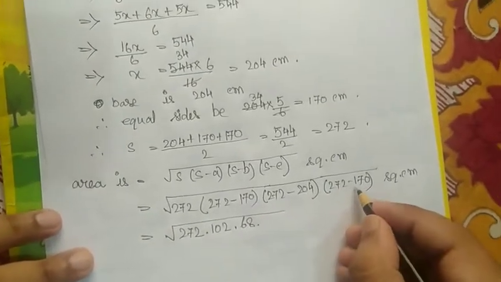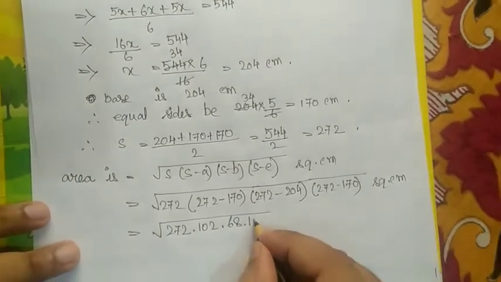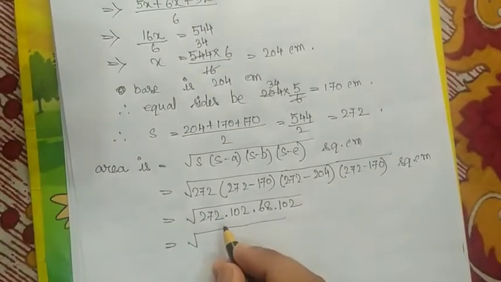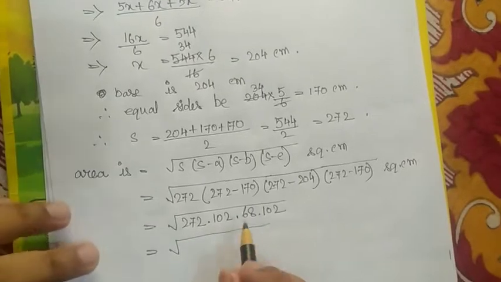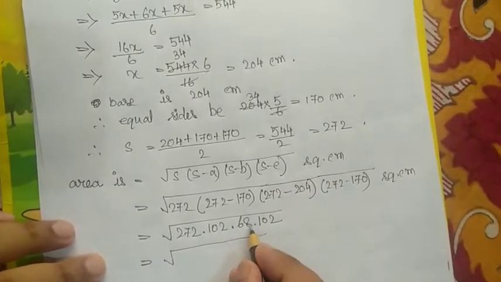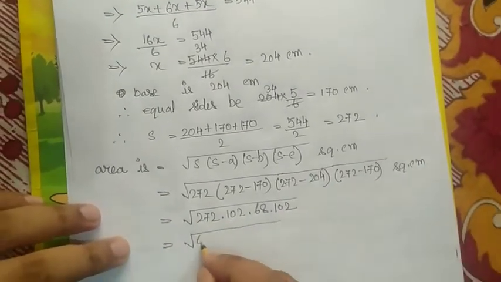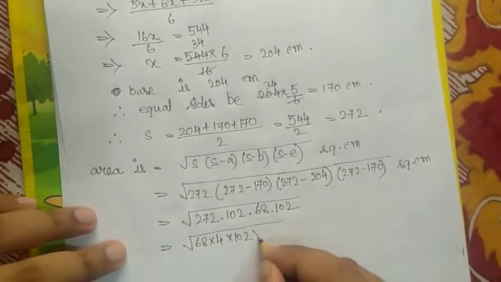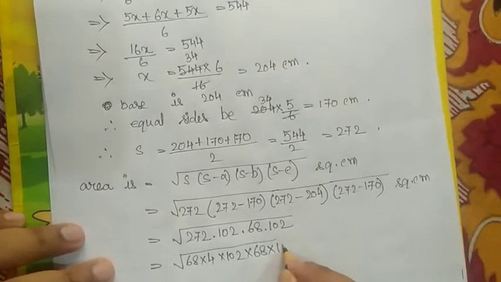And 272 minus 170 means 102. So we have 272 into 68 into 102 into 102, square centimeter.